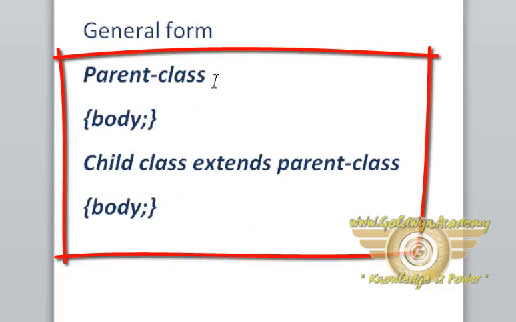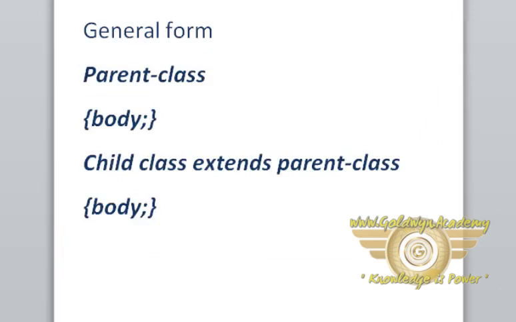First of all is the parent class. Parent class must be declared before the subclass. Here the keyword extends is used, which shows that the parent class is superclass and the child class is subclass. In this body, we can use the parent class variables and methods.